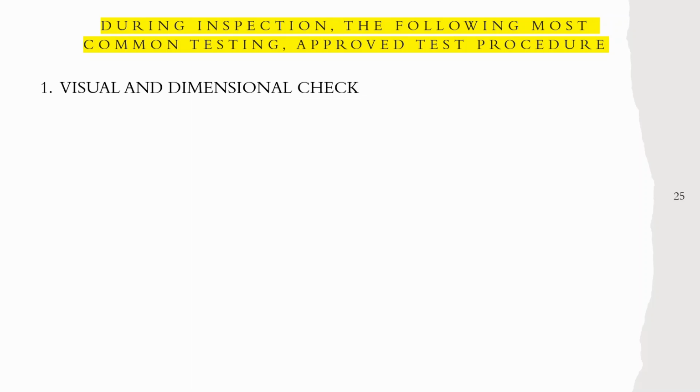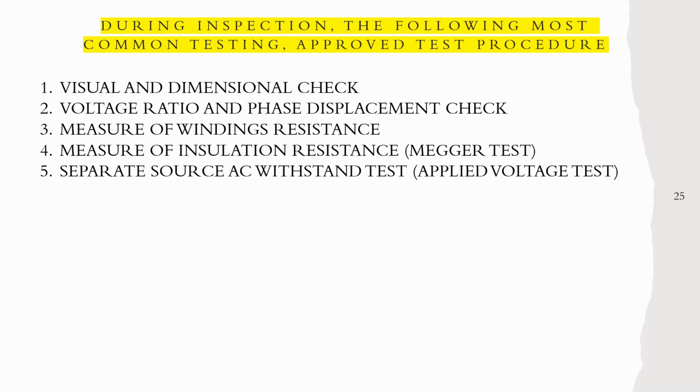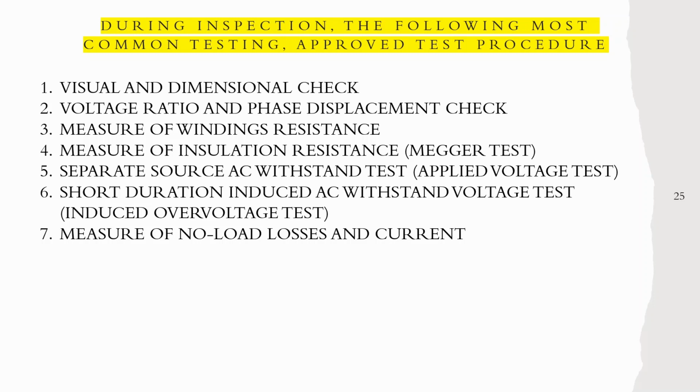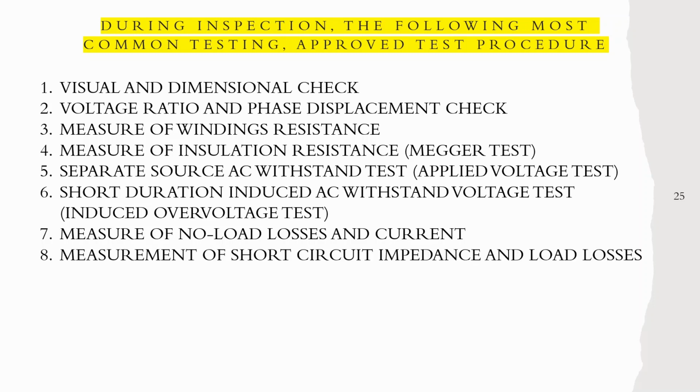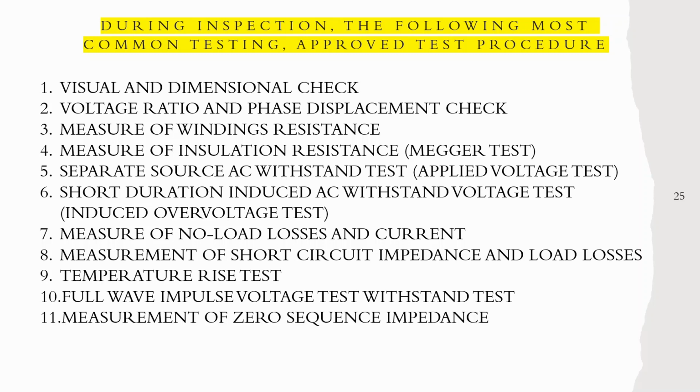When you do the testing during factory acceptance testing or integrated factory acceptance test, you need to do: visual dimensional check, voltage ratio and phase displacement check, measurement of winding resistance, measurement of insulation resistance during the Megger test, separate source AC withstand test, applied voltage test, short duration induced AC withstand voltage, measurement of no load losses and current, measurement of short circuit impedance and load losses, temperature rise test, full wave impulse voltage withstand test, and number 11, measurement of zero sequence impedance. So these are the common tests you need.